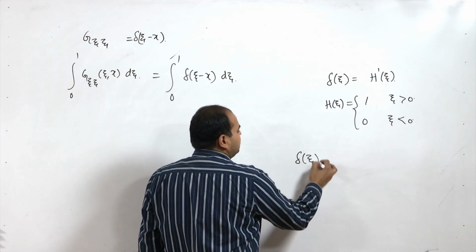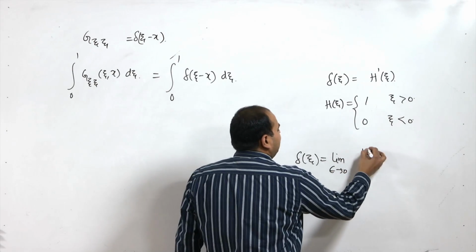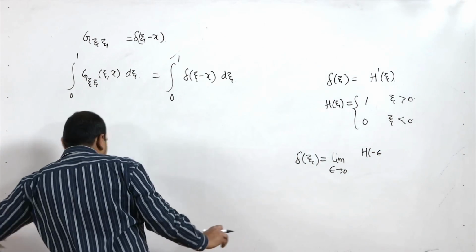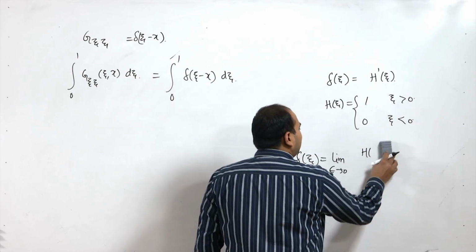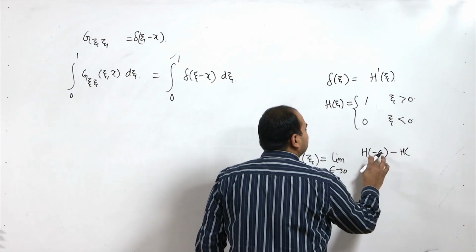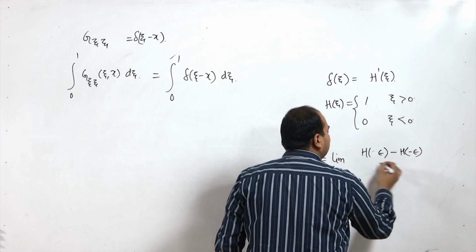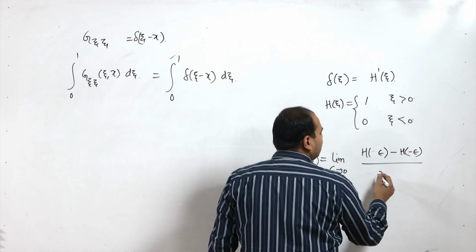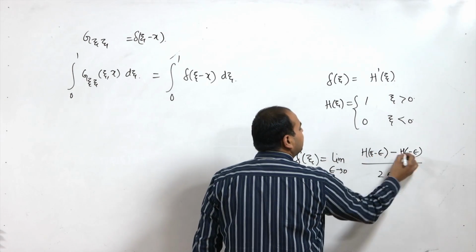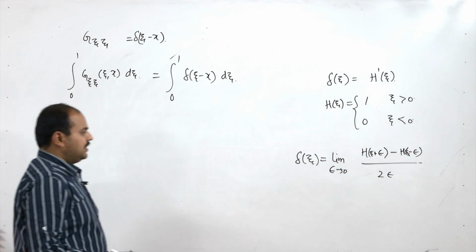So I can write δ(ξ) as the limit, say ε tending to 0, of [H(ξ + ε) − H(ξ − ε)] divided by 2ε.